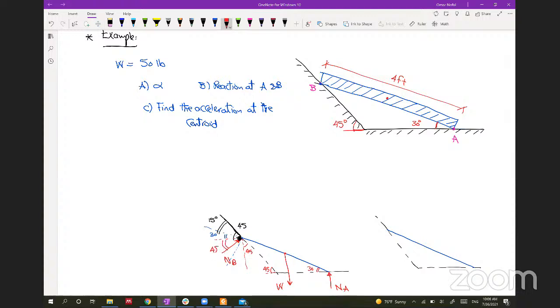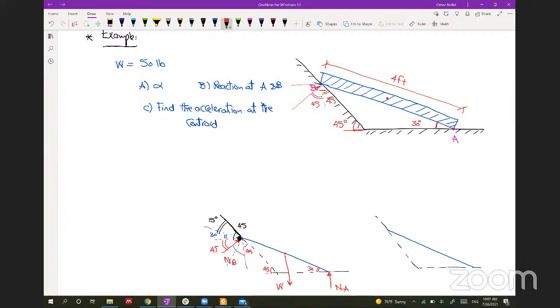And we know that this angle is 45. So this will be a 45 degree angle with the vertical. From this will be 45, and this will be 45. So this is 45 as well.